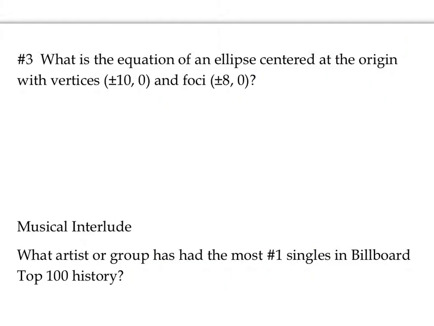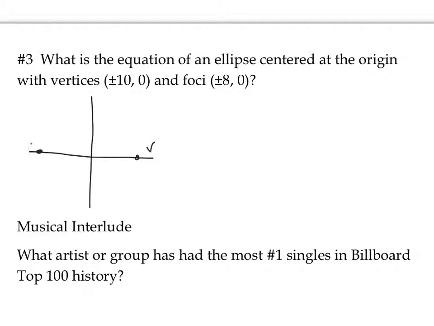Okay, so now let's look at a third problem here. Some different information given, but still working with that same basic premise of the equation of the ellipse. What's the equation of an ellipse centered at the origin with vertices plus and minus 10, 0 and foci plus and minus 8, 0? Again, a quick little sketch can be useful here so we have an idea of what we're working with. So we're going to have 10, 0 and negative 10, 0.